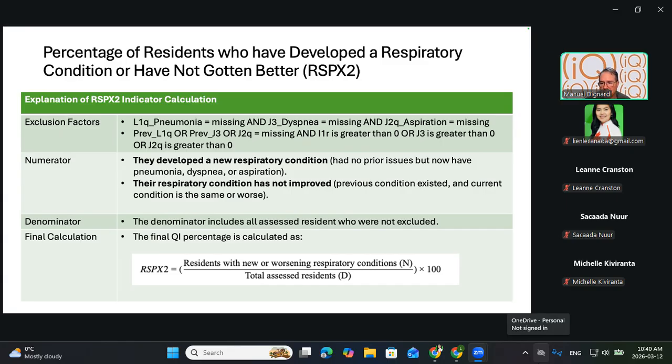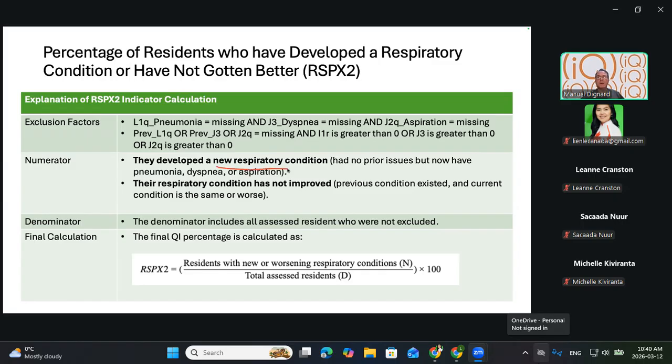So how is this calculated? We're going to look at exclusion factors. So if any of the data is missing, of course, any of the previous data is missing, that's important as well.